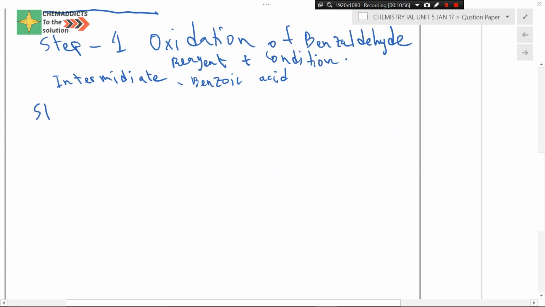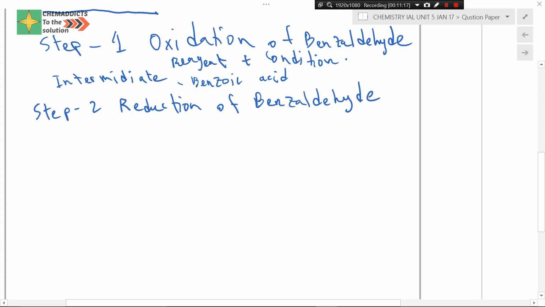All right, now let's move on to step 2. Step 2 would be reduction of benzaldehyde. Here we should once again include the reagent and condition. The reagent is lithium aluminium hydride, and the condition is dry ether.